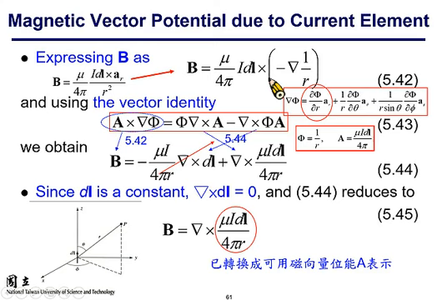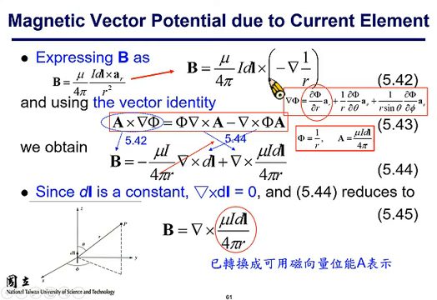So comparing this expression and this, you can identify that A equals mu I dl over 4 pi, and phi is 1 over r. And this is the vector identity, that A cross gradient of phi can be replaced with phi times curl of A minus curl of phi times A. Then you substitute these two expressions in this equation, and you end up with these two terms.